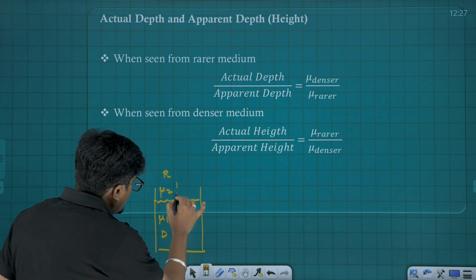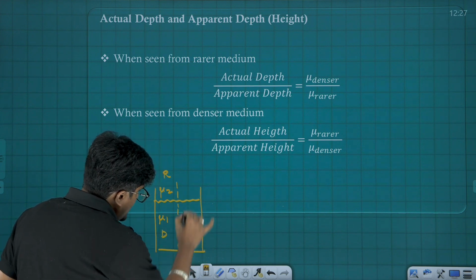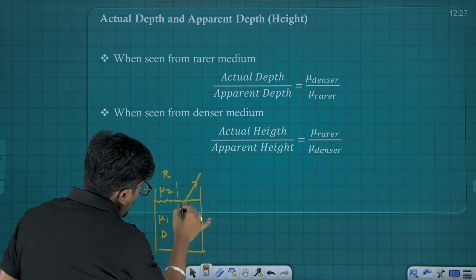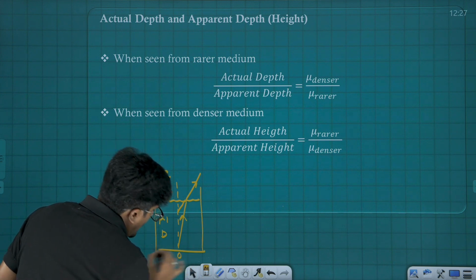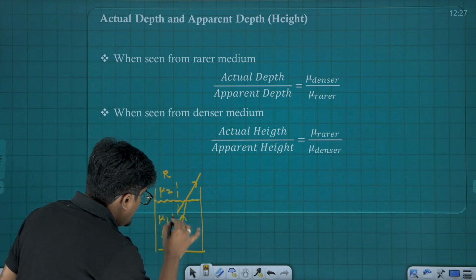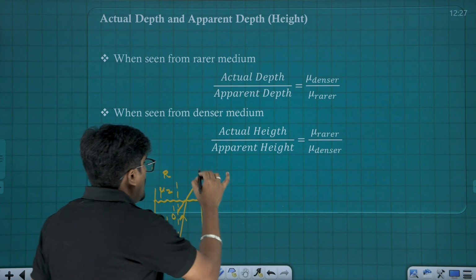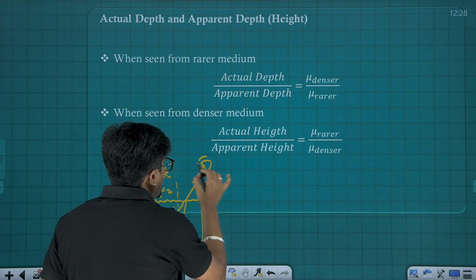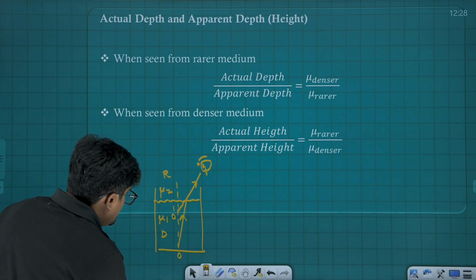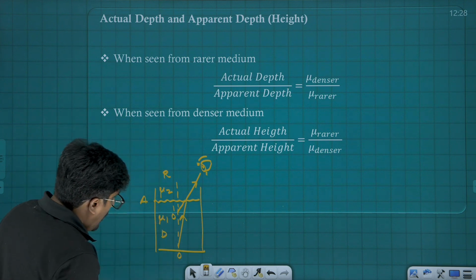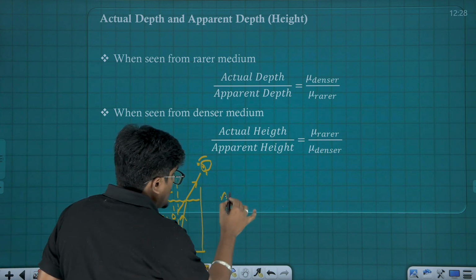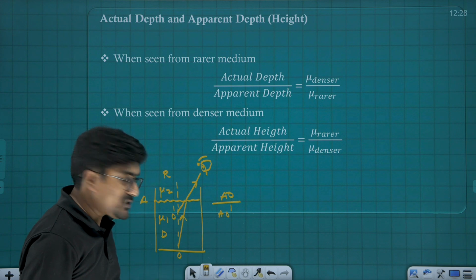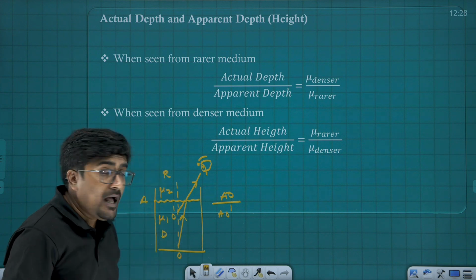Treating this as the normal, once light travels from here, it moves away from the normal, and an object kept here seems to be raised to O dash for an observer looking from this point. So AO is the actual depth and AO dash is the apparent depth.